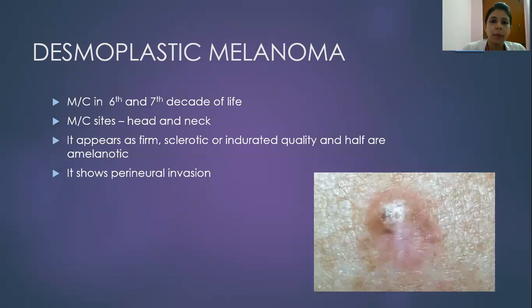The next type is desmoplastic melanoma, which is most common in the 6th and 7th decades of life. The most common sites are the head and neck. It appears firm, sclerotic, or indurated, and is usually amelanotic, that is, there is no color. It also shows perineural invasion, that is, it involves nerves.